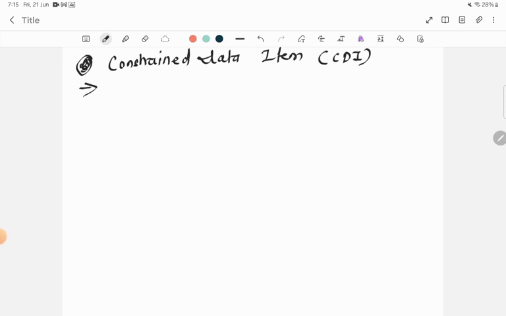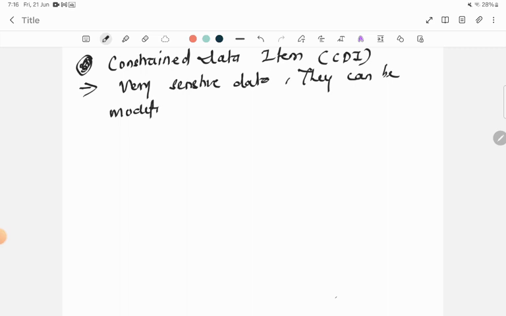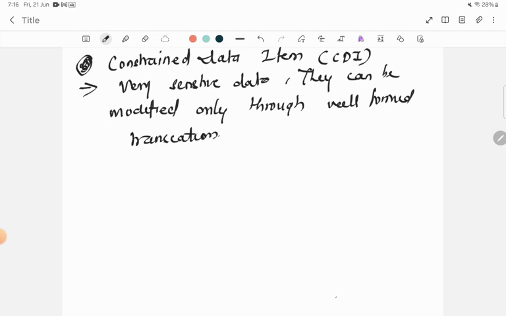Constrained data items are very sensitive data, and they can be modified only through a well-formed transaction. You cannot change this data anytime. It needs certain permission and certain criteria in order to be changed. This data is known as a constrained data item.